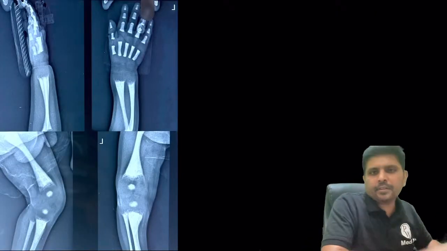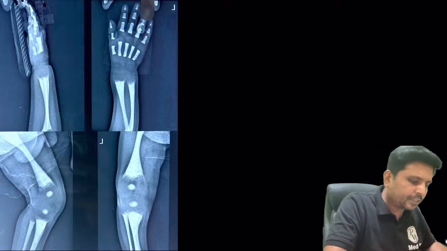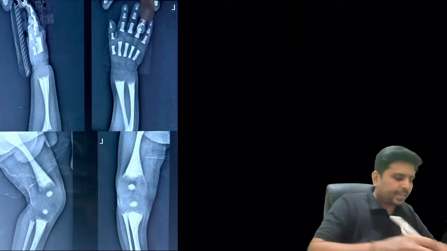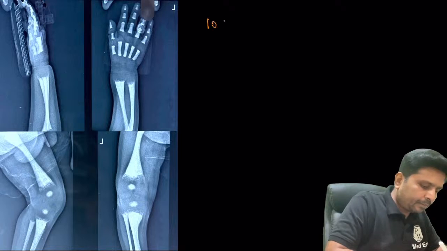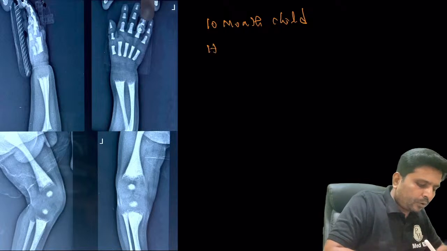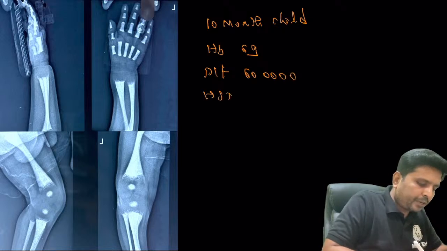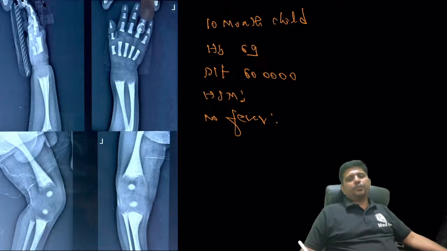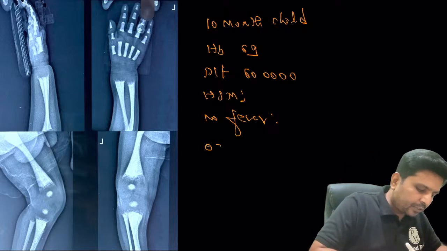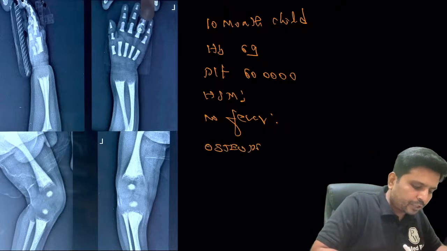What is this? I received this case last Tuesday. What is this case? Let me say this is a 10-month-old child with hemoglobin of 6 gram, platelet count of 60,000, with hepatosplenomegaly, no fever. What is the diagnosis? The diagnosis is osteopetrosis.